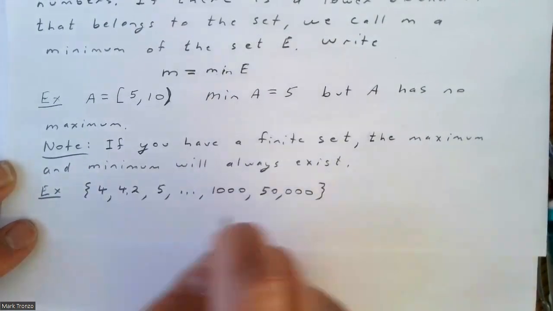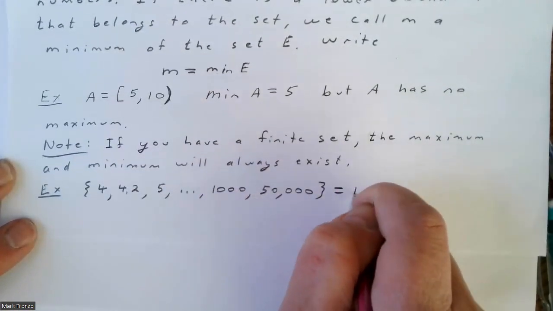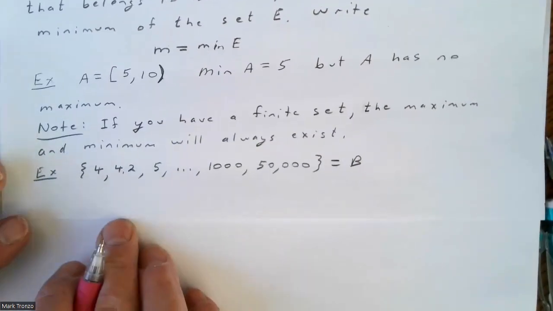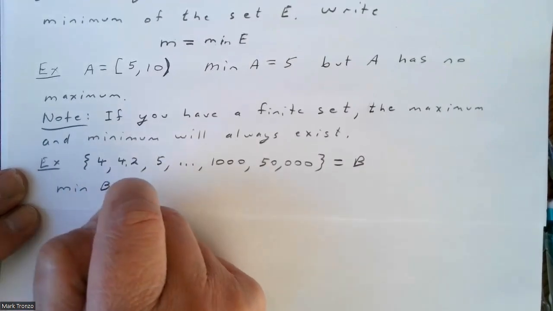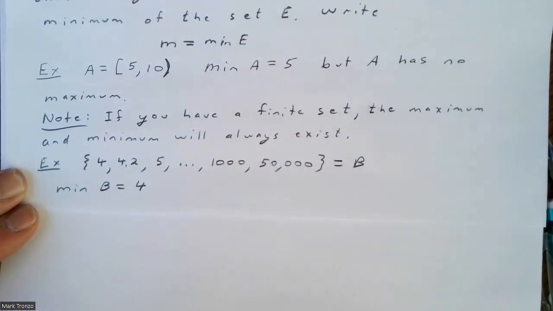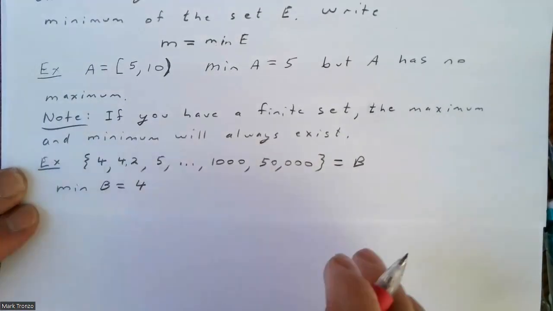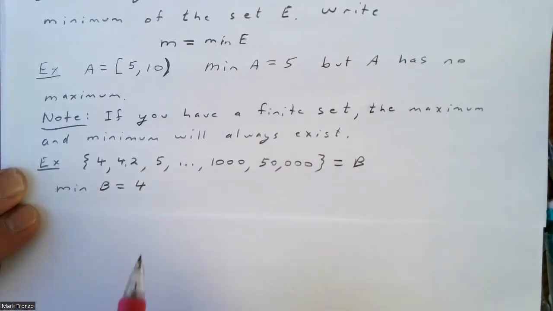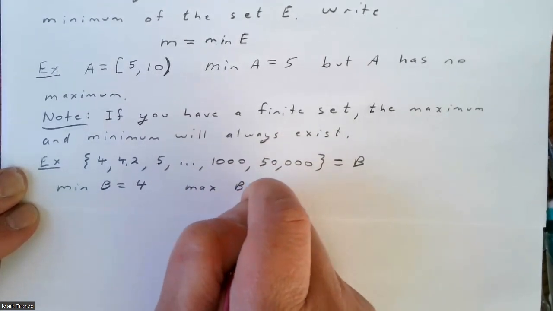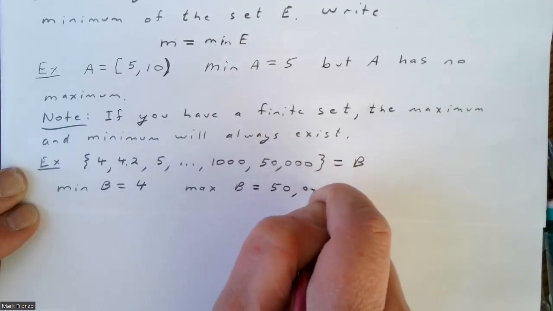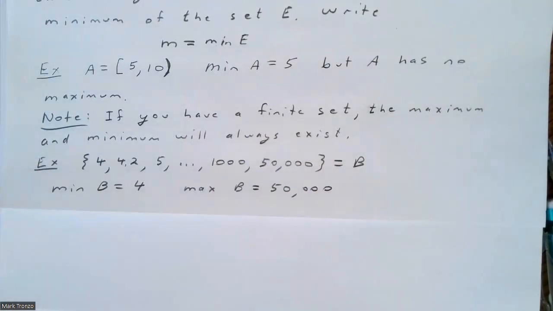Let me call this set B. Then the min of B is always going to be the smallest number in the set, and the max of B would be the 50,000. So if you have a finite number of elements, you're always going to have a minimum and a maximum.